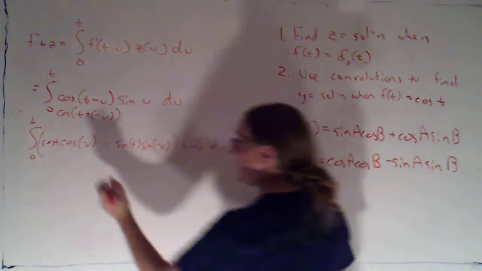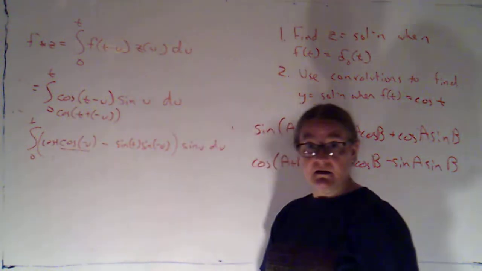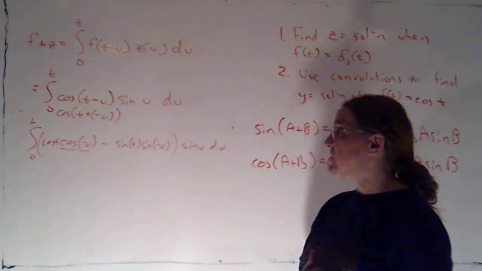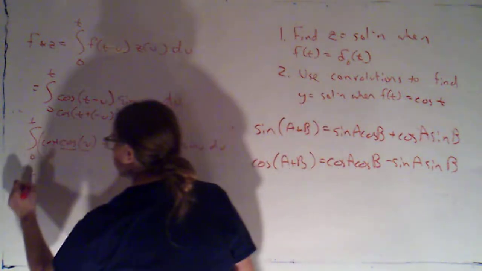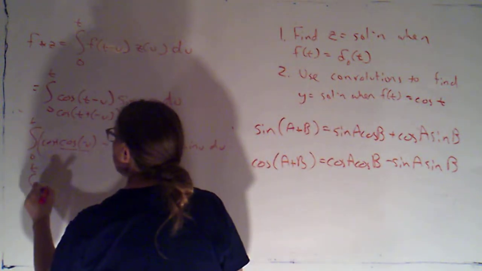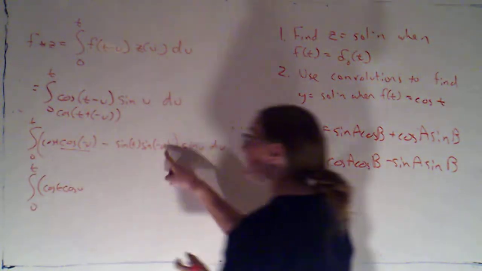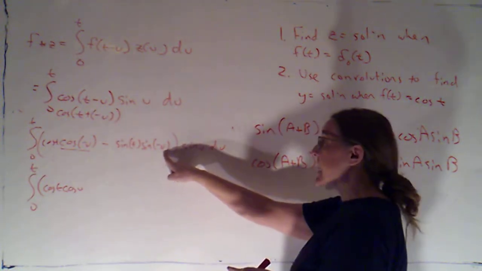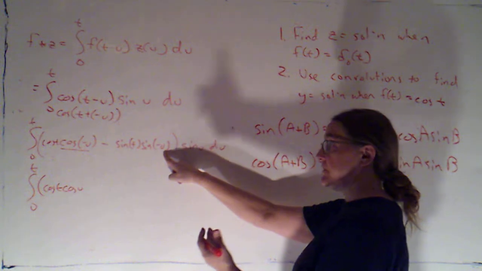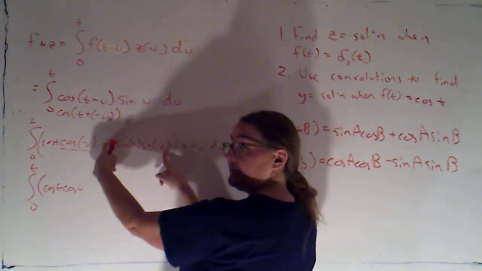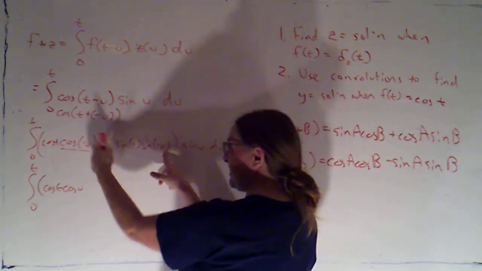Now I'm going to use the fact that cosine is even, so cosine of negative u is just the same as cosine of u. So this is the integral from 0 to t, cosine of t times cosine of u. Sine, however, is odd. So sine of negative u is the opposite of sine of u. So that's going to mean I can put another negative sign in front here.